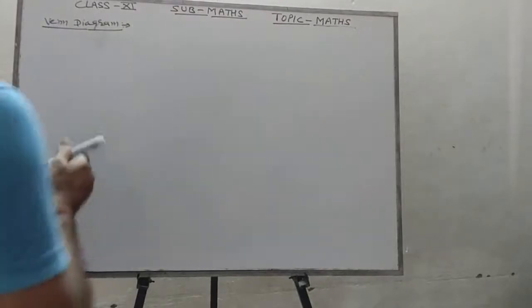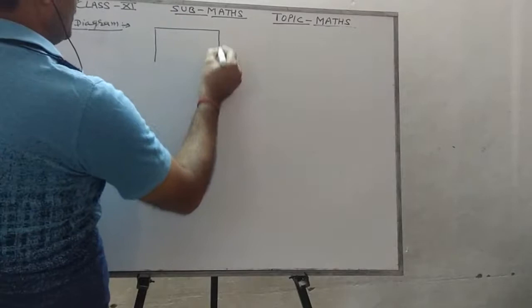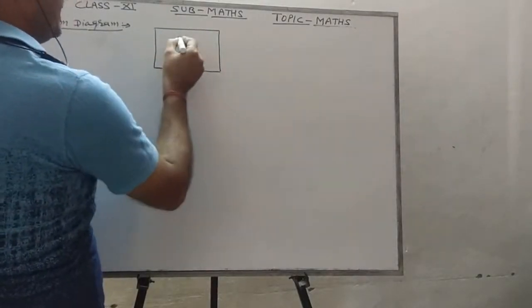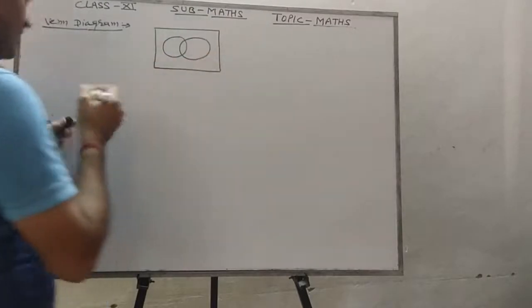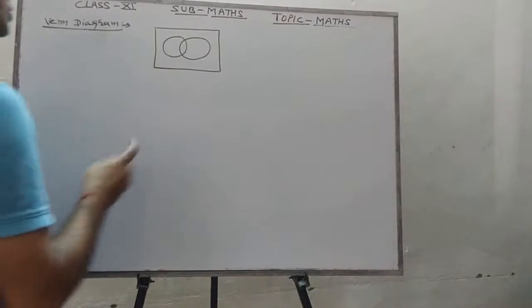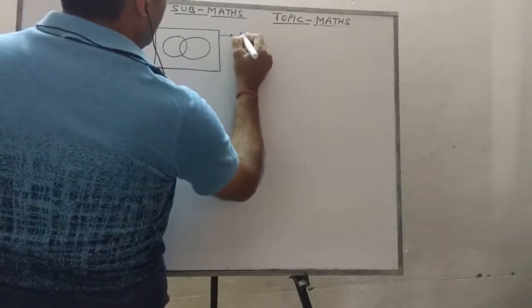In this type of diagram, one set is represented by a rectangle and other sets are represented by circles. The rectangle usually denotes the universal set.